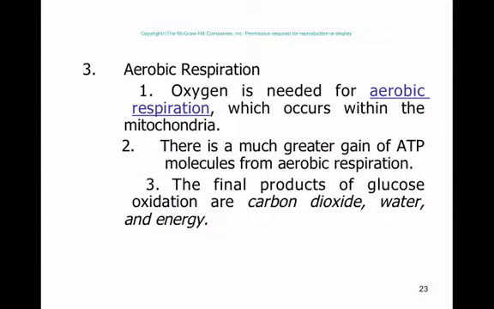Once the pyruvic acid produced by glycolysis enters the mitochondria, then it begins aerobic respiration. It occurs in the mitochondria, and there's a lot more ATP that can be produced with aerobic respiration than anaerobic. So the final products of glucose oxidation are carbon dioxide, water, and energy.